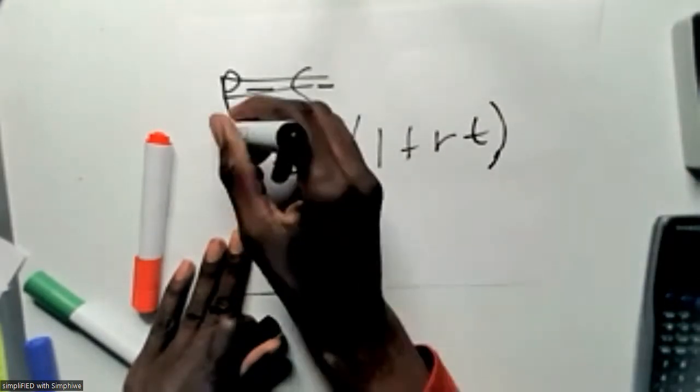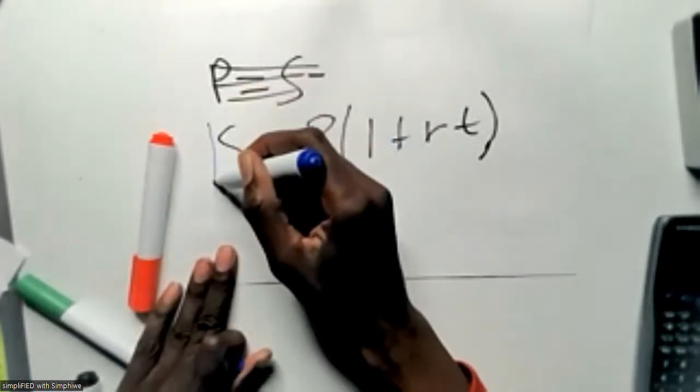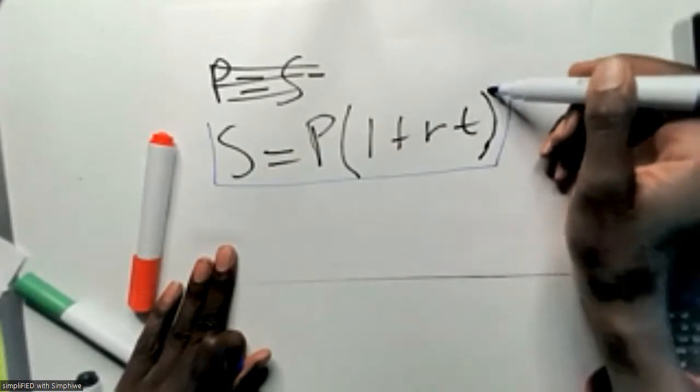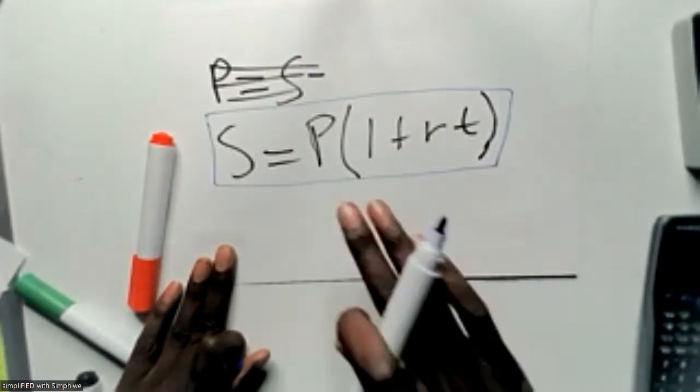This is the original formula that I'm supposed to be using if I am asked to calculate something, and in that very same paragraph the words simple interest were mentioned.